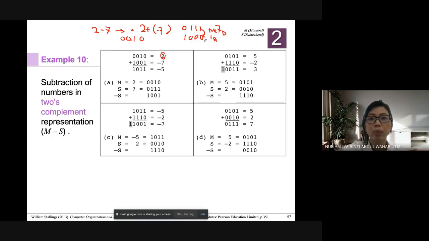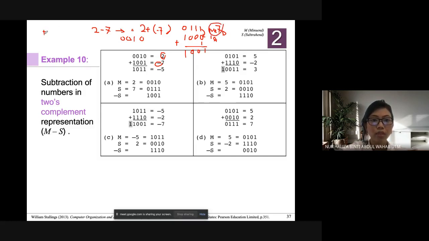Then, for the second complement, you add 1. You get 1, 0, 0, 1. So this is your second complement. See? From 7, your second complement is your negative number for your positive value 7.